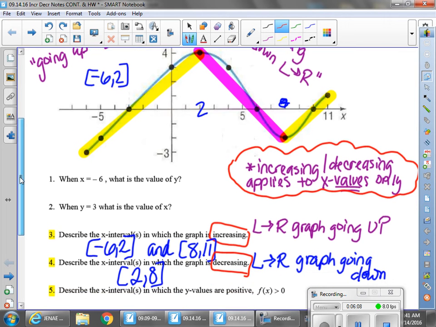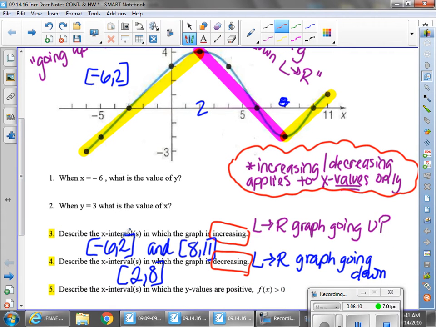Which is why in the directions for 3 and 4, did you notice it says, describe the x intervals in which the graph is increasing, describe the x intervals in which the graph is decreasing? So for increasing and decreasing, we only pay attention to, what again? Just x. You're not looking up and down at all, just left and right.